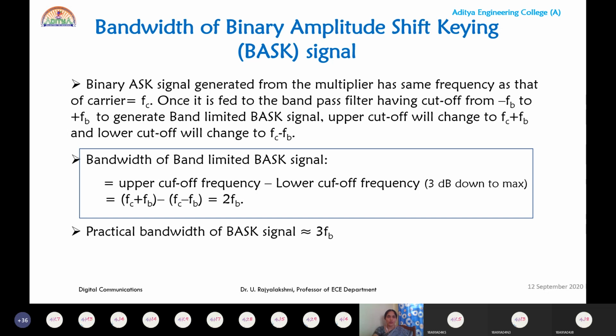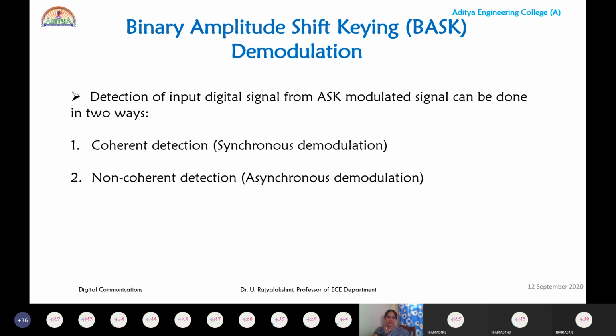Until now we studied the generation technique, the spectral response, the calculation of bandwidth, the Euclidean distance evaluation and the general expression for ASK. Now let us go to the detection techniques of ASK.